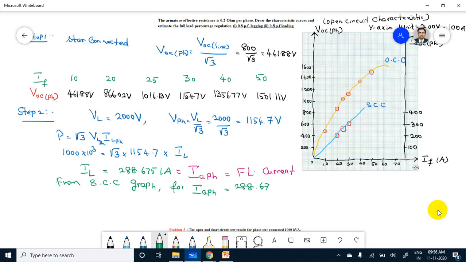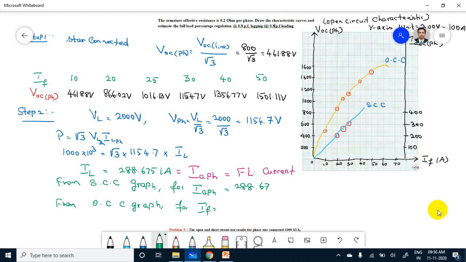So how to plot? This one will be from the open circuit curve. First step, we will plot the open circuit graph for IF. What is the IF value?